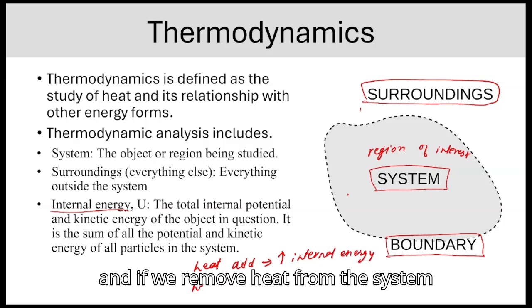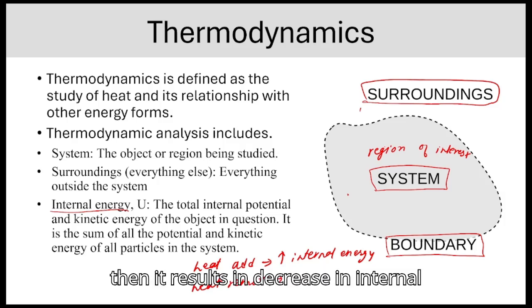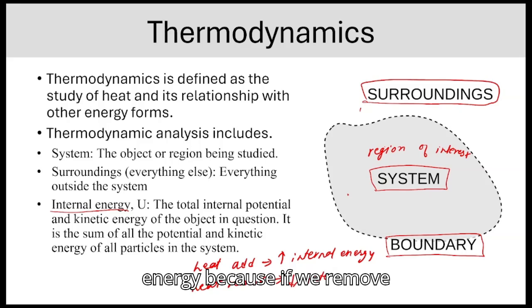And if we remove heat from the system, then it results in a decrease in internal energy, because if we remove energy, it will decrease the kinetic energy of the moving particles.